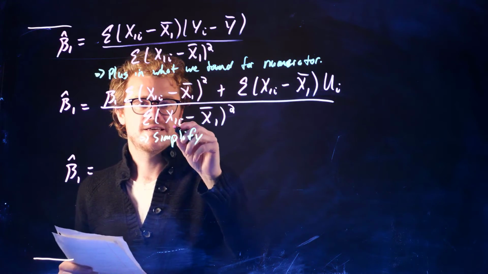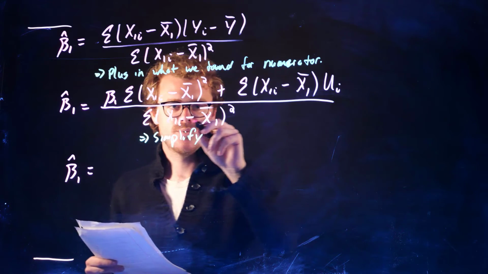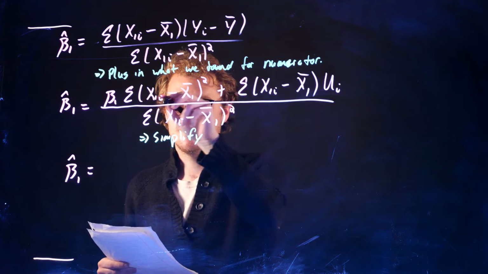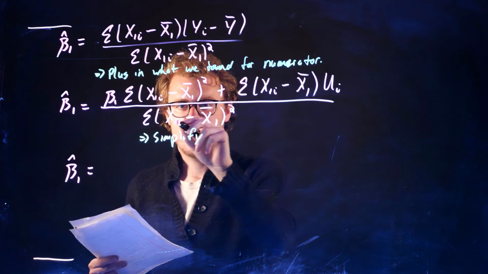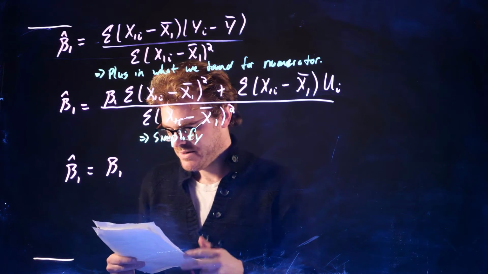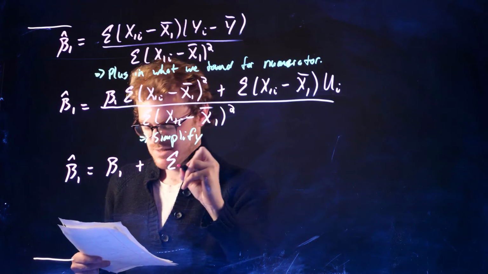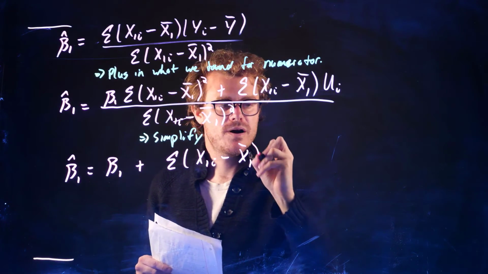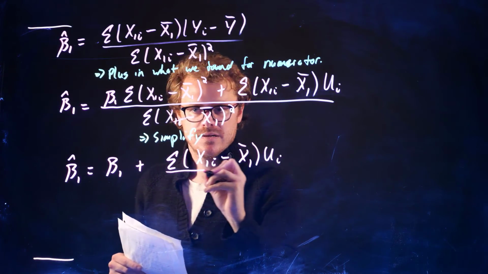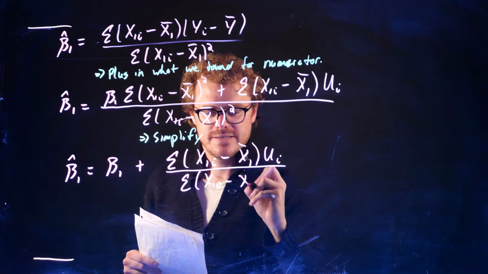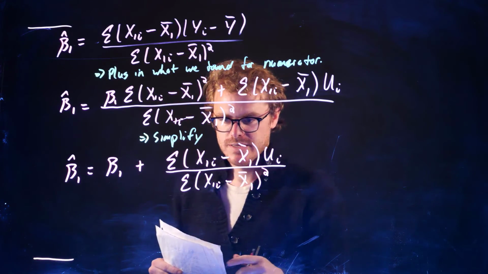We can start canceling things out, right? The sum of x1i minus x1 bar squared is both in this part of it and in this part of it. So we're going to get left with beta 1 plus the sum of x1i minus x1 bar times ui over the sum of x1i minus x1 bar squared.